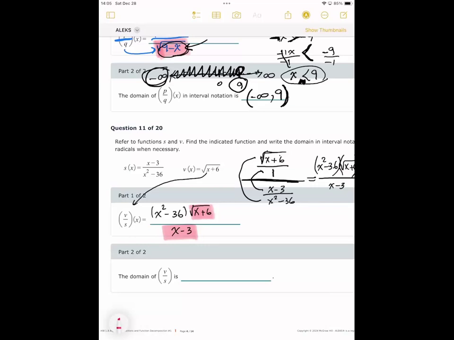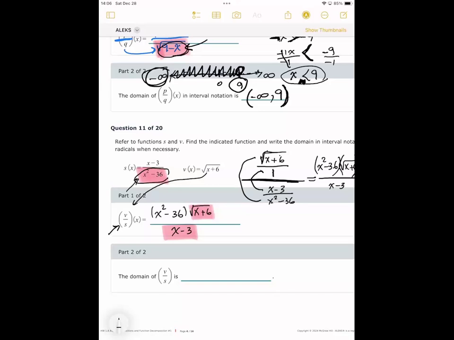We also have x squared minus 36 for s. We don't want to have 0 for that function. Even though our new function doesn't have this in the denominator anymore, we still don't want to get 0 for this denominator that we started with.